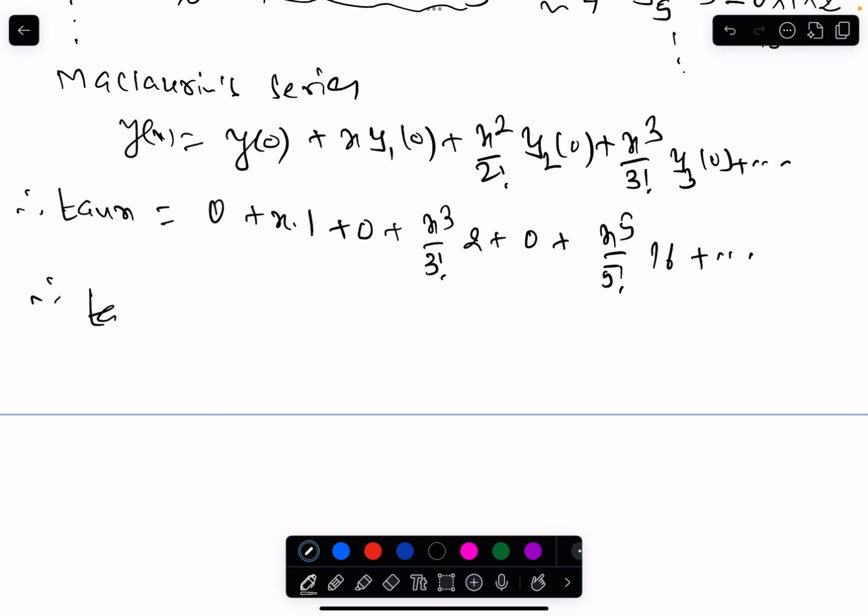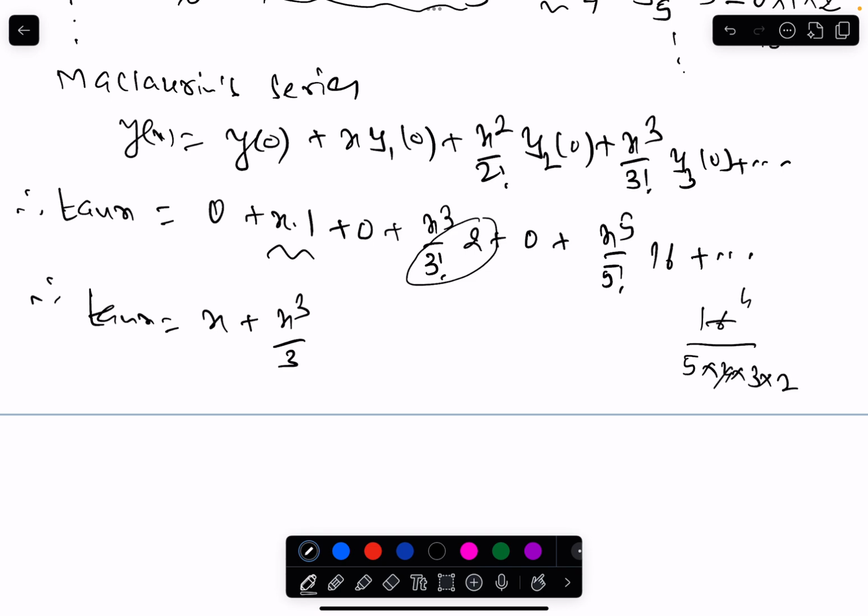So tan x is equal to, this is x, this is 2 and 3 factorial, so 2 cancels, 3 will remain. So plus x cubed by 3, and this is 16 and 5 factorial, 5 into 4 into 3 into 2.